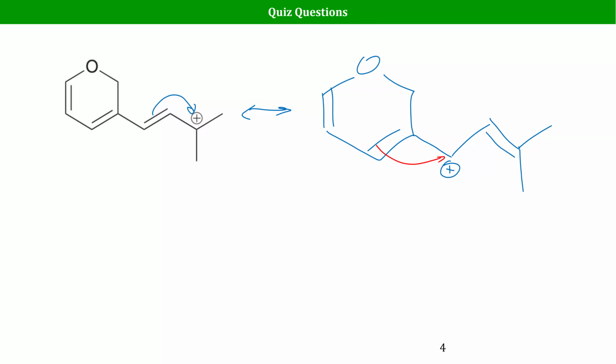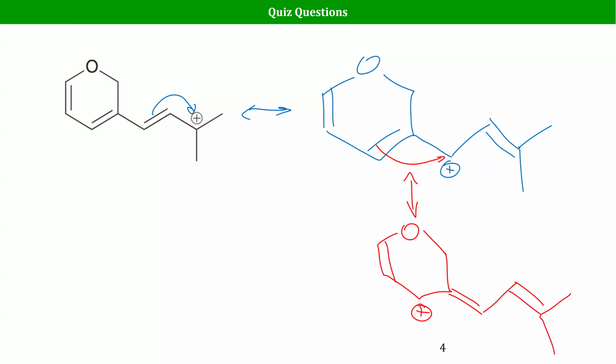It's missing a pair of electrons. So then we get something that looks like positive charge here. Then we can do that one more time.